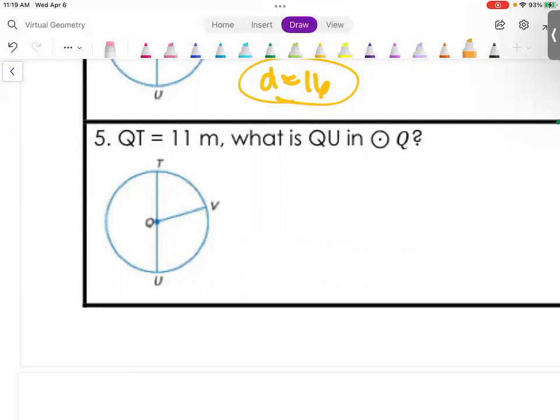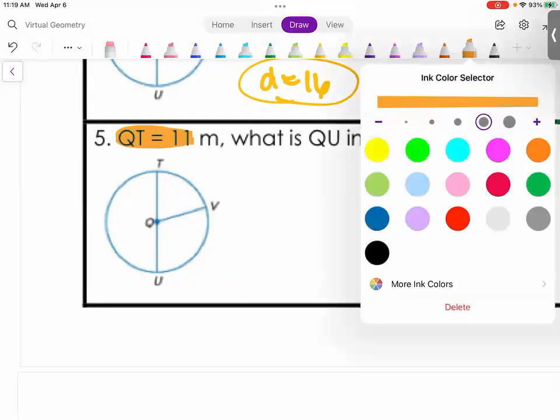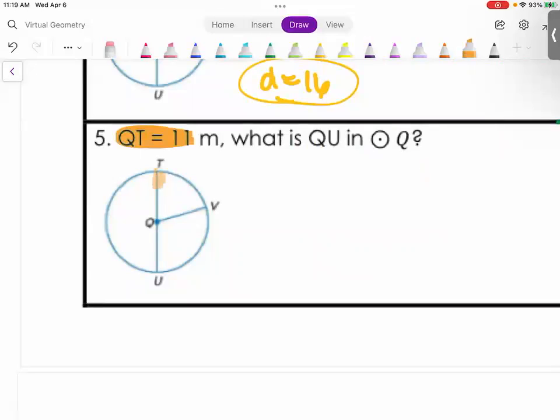If QT is 11, we need to see what QT is. Is it a radius? Is it a diameter? QT starts at the center and goes to the edge of my circle, which means it is a radius. Now let's see what QU is. QU is also a radius.